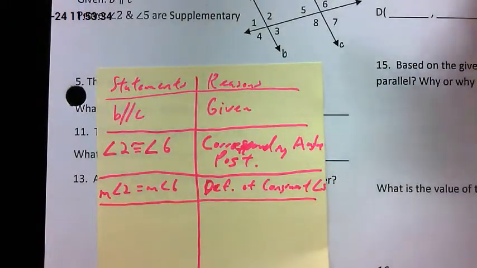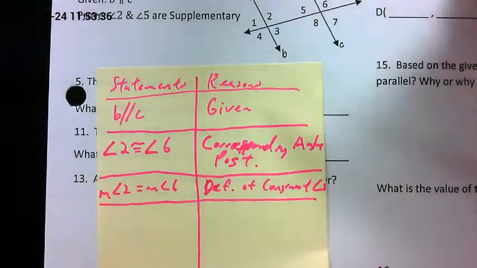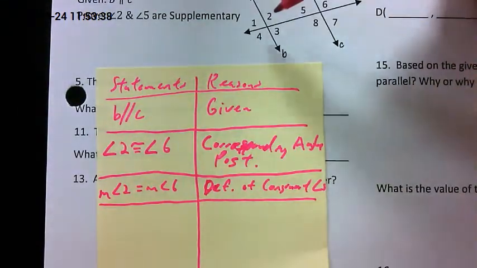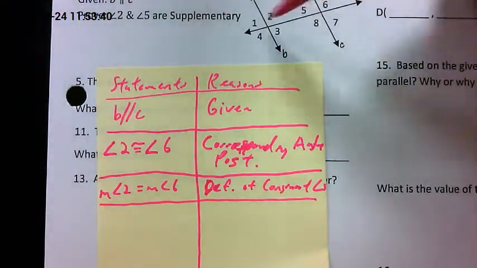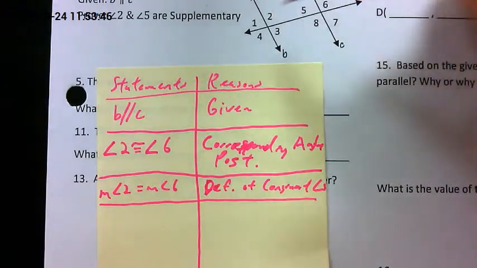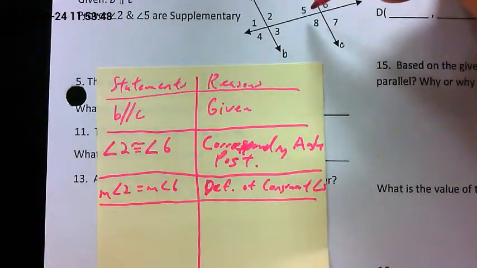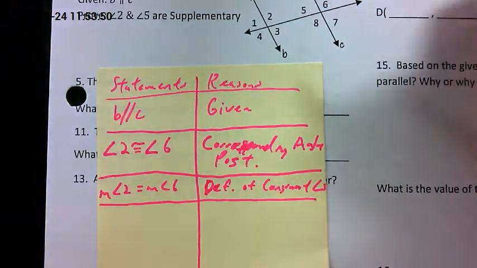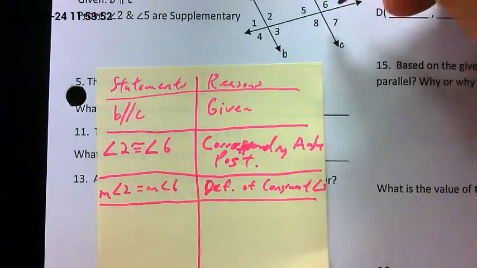So now, what we're trying to get to is saying that 2 and 5 are supplementary, right? So we need to figure out something with angle 5.